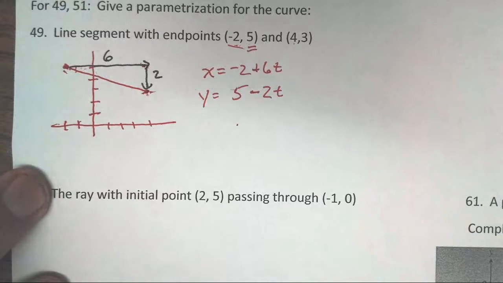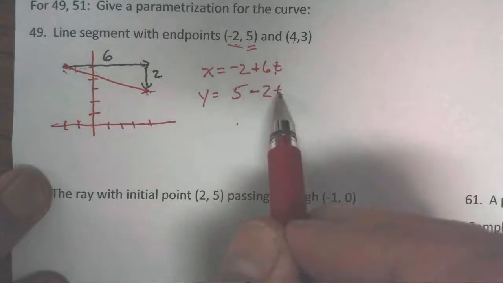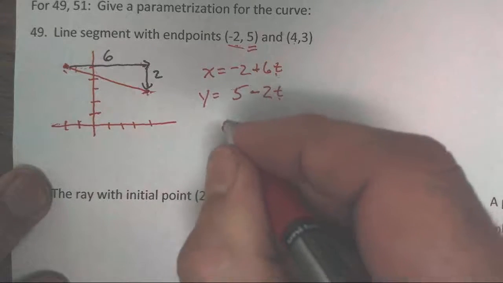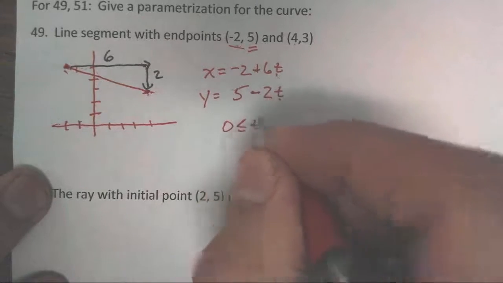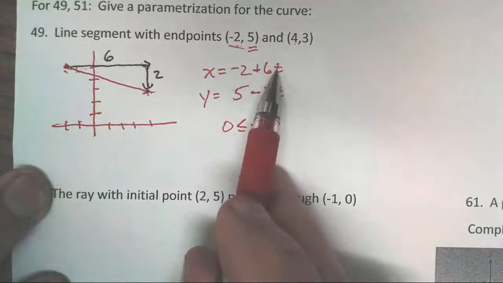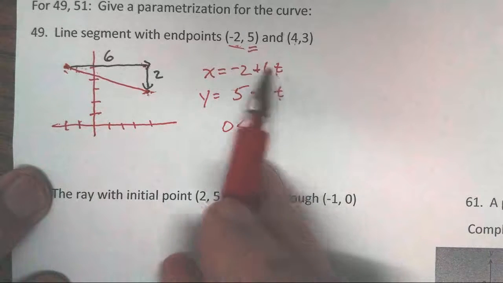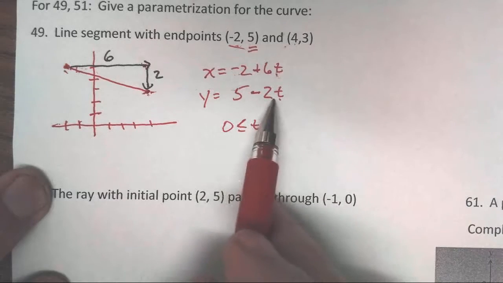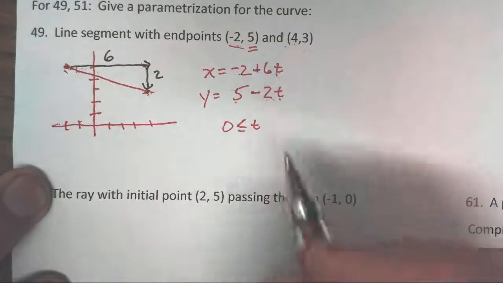And all that's left is, what are my values of t? Well, if I put in 0 for t, I'm at my starting point, negative 2, 5. So I'm going to say 0 is less than or equal to t. If I put in 1 time unit, look where I get. Put in 1 time unit for t, I get negative 2 plus 6, and 5 minus 2.